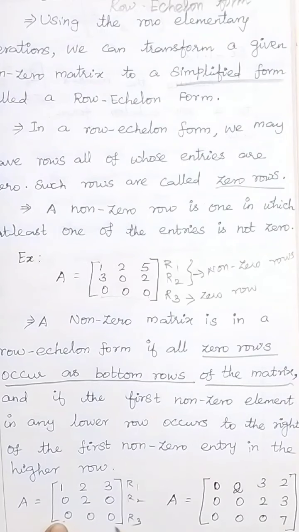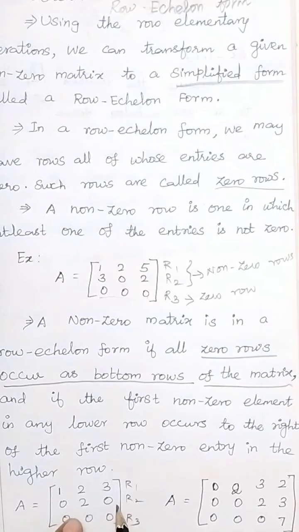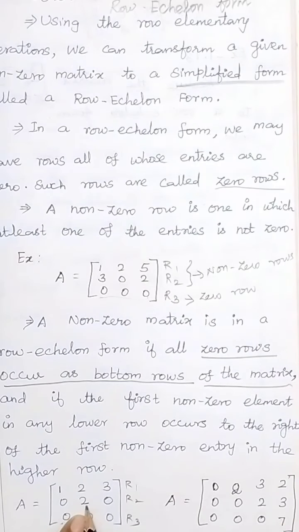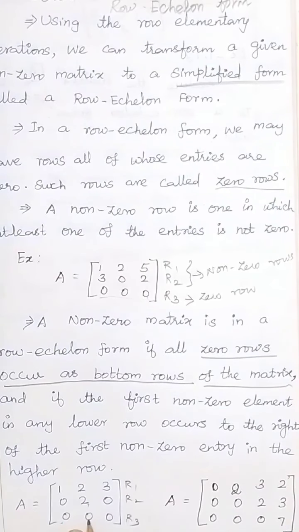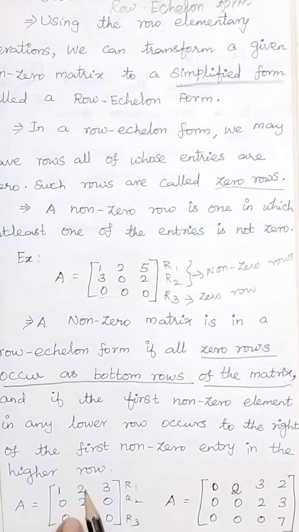Next, you consider the second row. Here the non-zero entry is 2. This 2 occurs in the second column, right? The second row non-zero entry occurs in the second column. Then next you consider the first row non-zero entry.